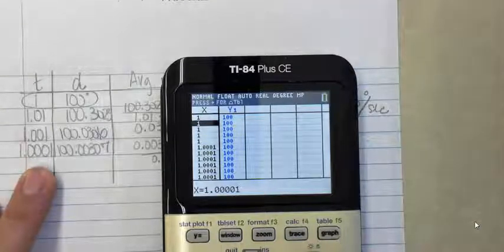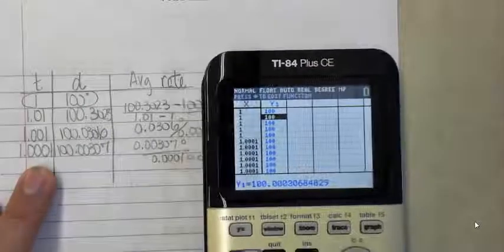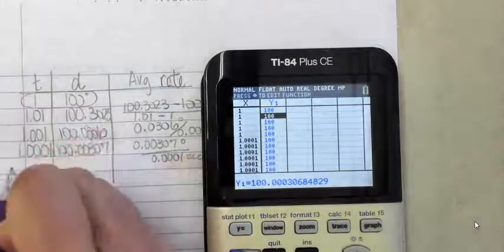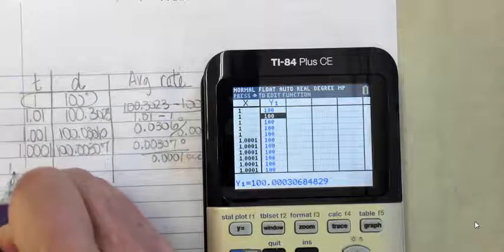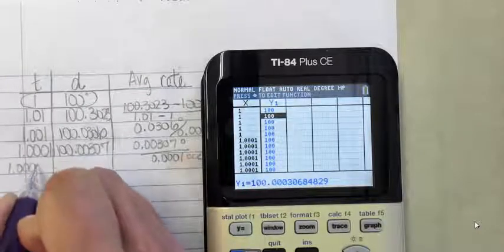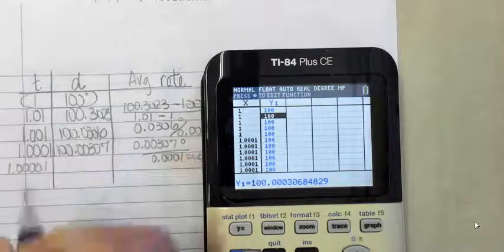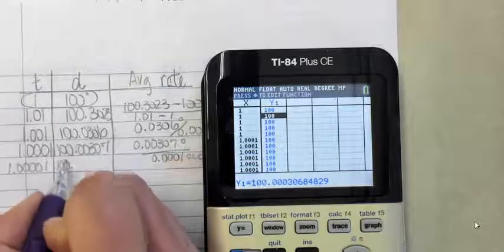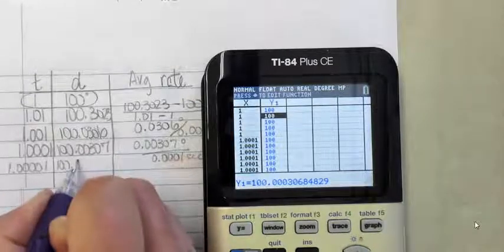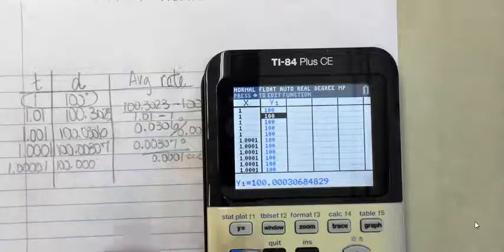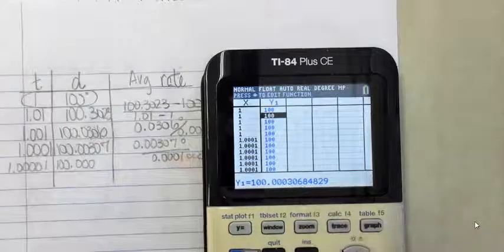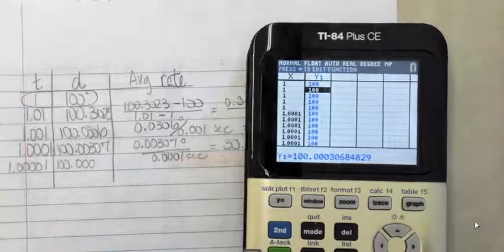What's going on here? Oh, that's weird that that looks like that. Okay, so it's 1.000, so 4 zeros, 1, and I'm getting 100 point, now 1, 2, 3, looks like pretty much the exact same thing, 307.